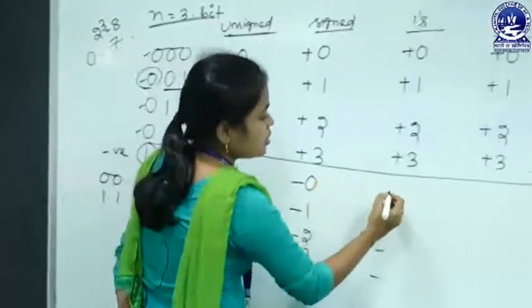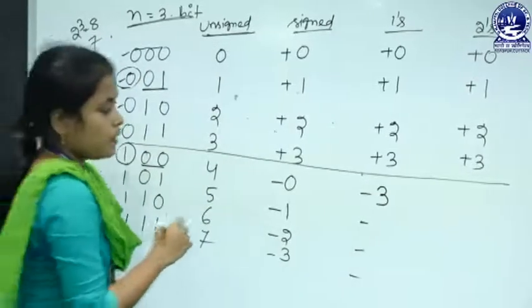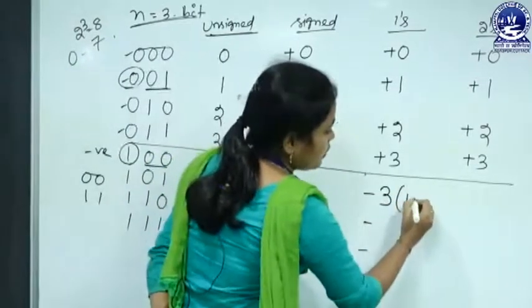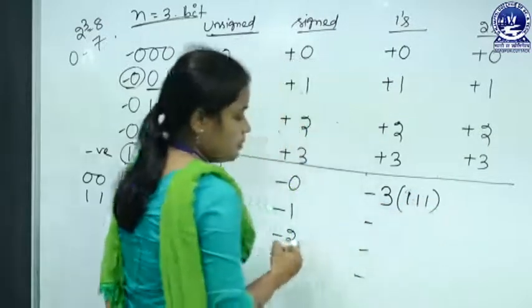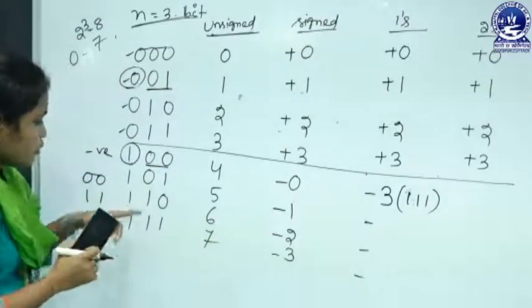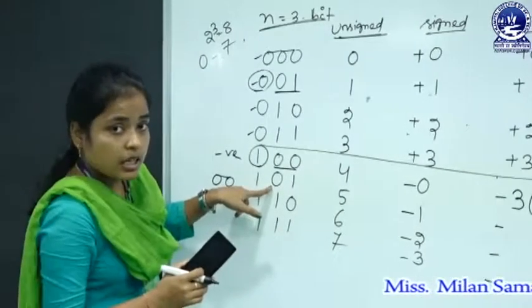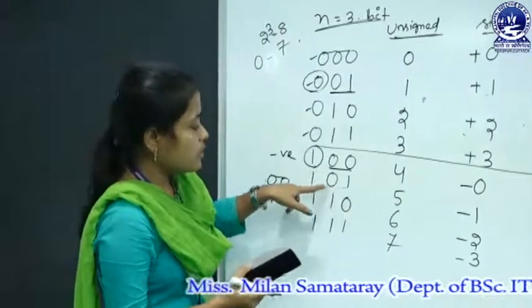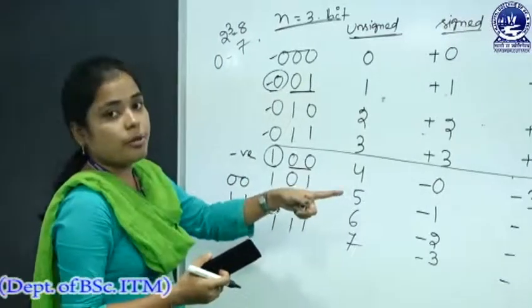So, for minus 0 the ones complement is minus 3, that is the value 1 1 1 1. So, for minus 1 what is the value? We are just inverting these values, meaning 0 to 1 and 1 to 0, that is our ones complement.